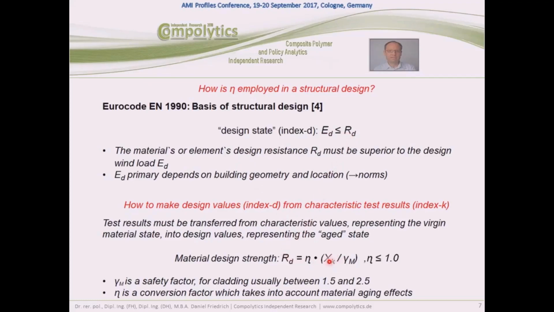Well, we need information about the characteristic resistance value, which we get from laboratory testing, maybe from bending strength tests. And these condensed values from test series are still in the characteristic state, and this can be transferred to the design state by multiplying with this aging coefficient, nu factor, which we obviously receive from these artificial weathering chambers, and then also dividing by a safety factor, which for facade application ranges between 1.5 and 2.5.